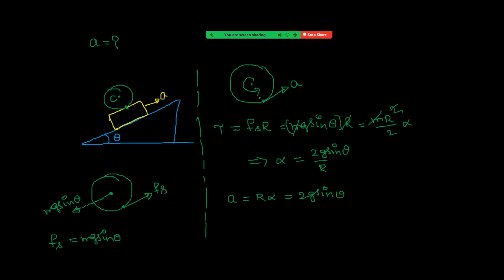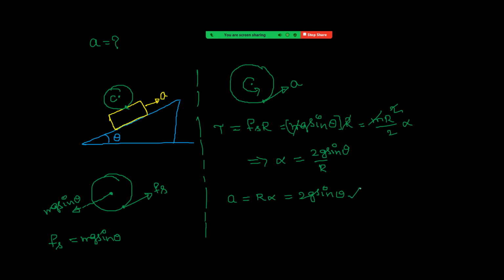That's why the acceleration of the contact point is not equal to the acceleration of the plank. We have to say that the tangential acceleration of the contact point is equal to the acceleration of the plank. That is what we have done here.